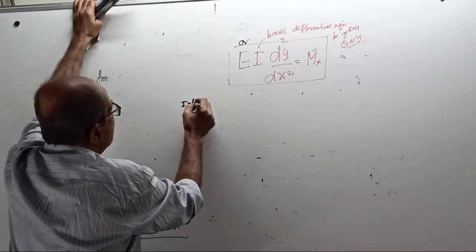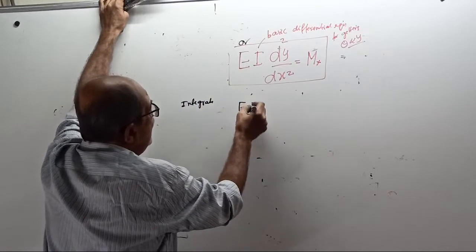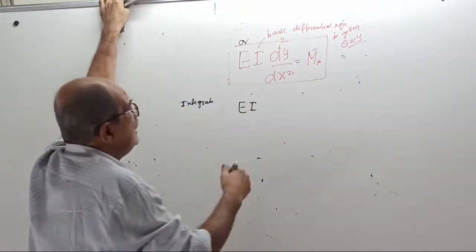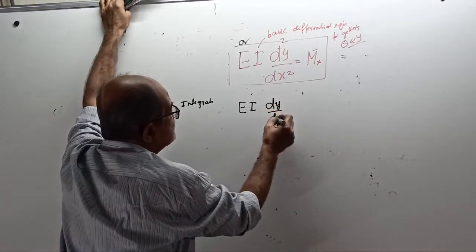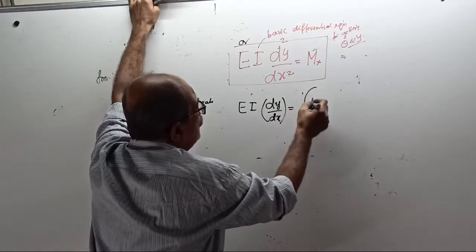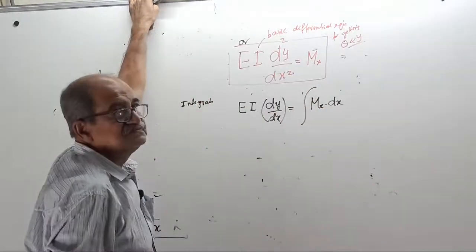Integrate. What do you get? You get EI d²y/dx². If you integrate, you get dy/dx equal to the integration of Mx dx with respect to x.